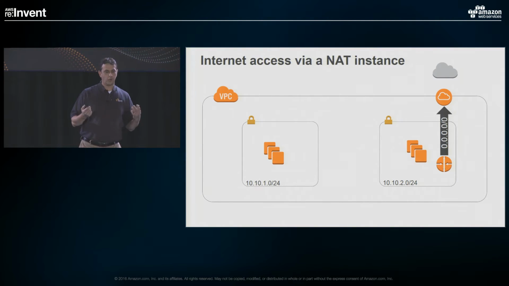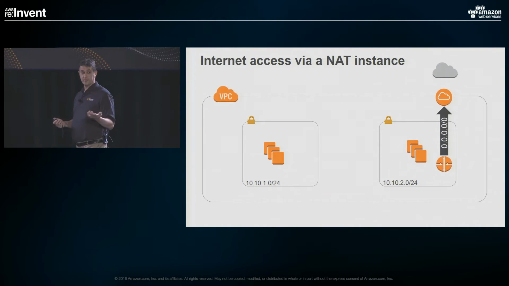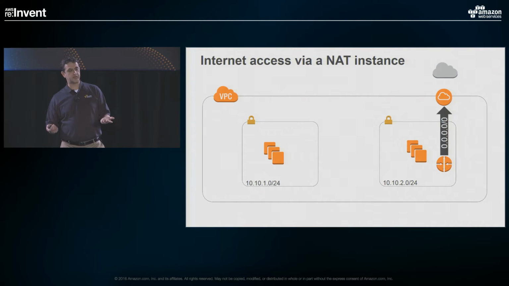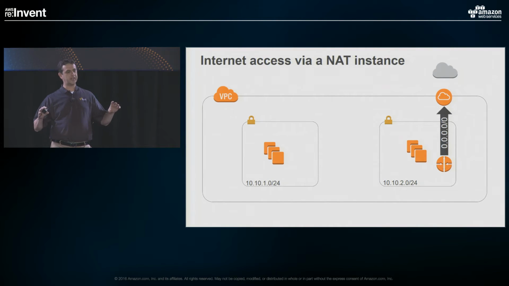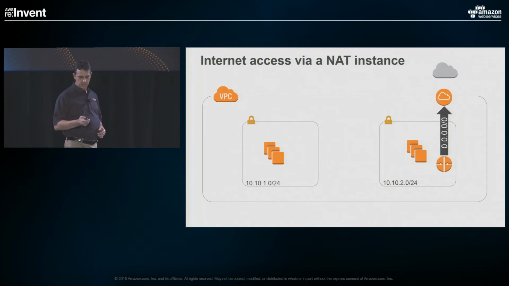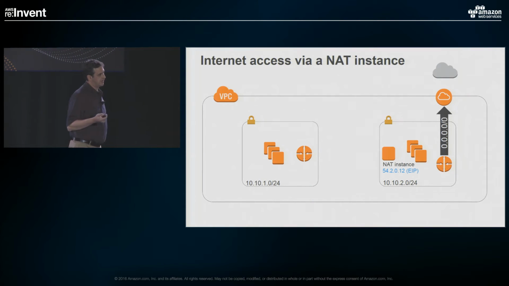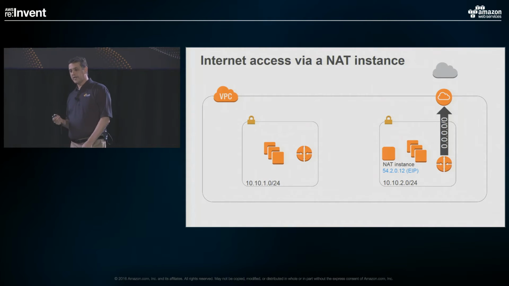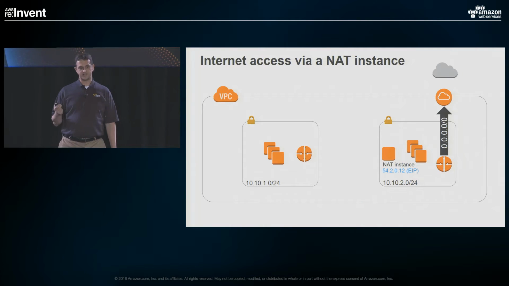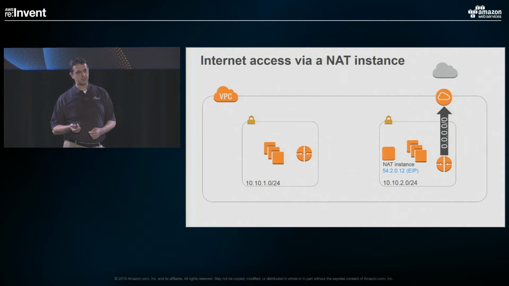All right, so what about those instances in your private subnets that need access to things like Linux repositories? We don't want to expose them and give them elastic IP addresses or public IP addresses. And the best practice, for example, for our database layer, is that you definitely don't want to have internet connectivity to the database layer. So typically, what has been a common solution is to utilize an EC2 instance running NAT service, such as Linux IP tables.